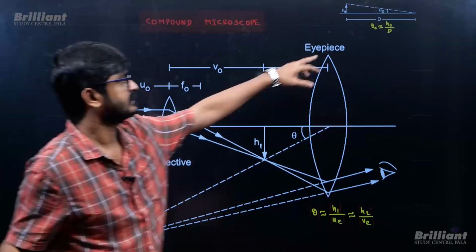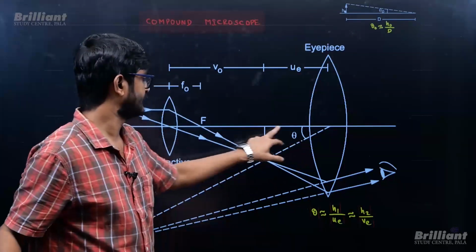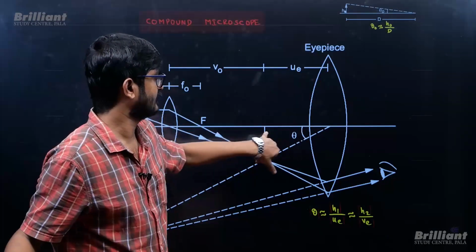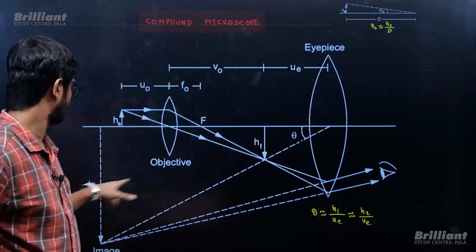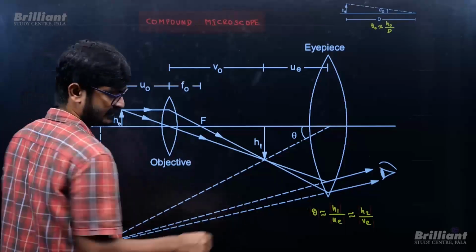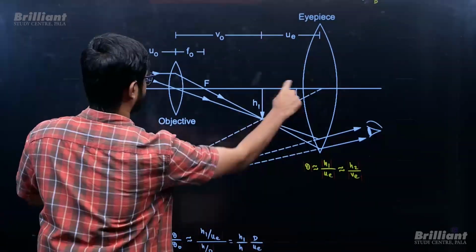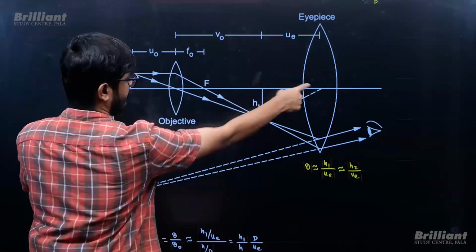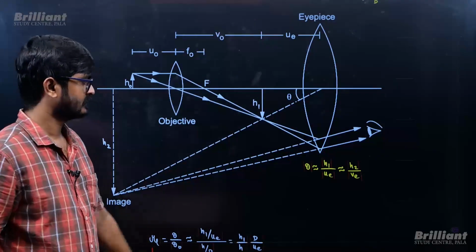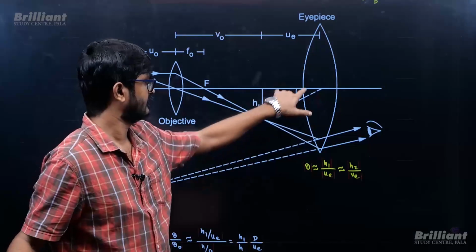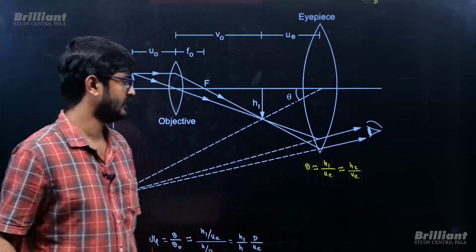Now theta naught is h naught by d, theta is h1 by this distance, h1 by ue or h2 by ve. This is image distance, right? So theta is h1 by ue or h2 by ve. Anyone we can use.